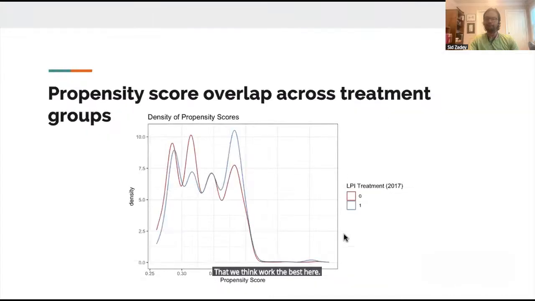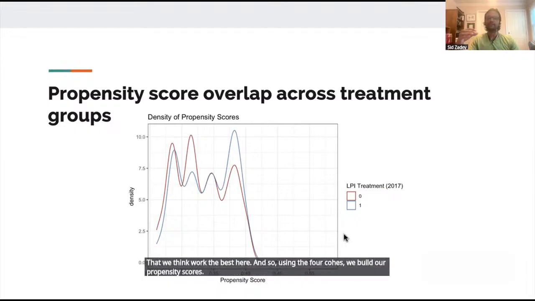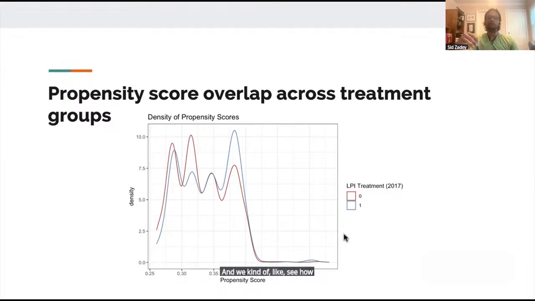Using the four covariates, we build our propensity scores, and we see how the overlap between the treated and untreated groups looks. There is a decent overlap, at least in parts.